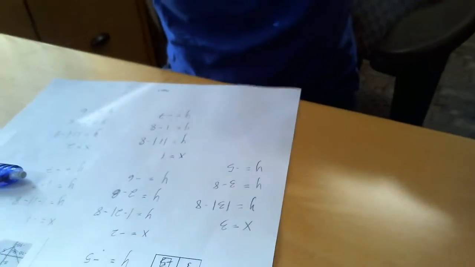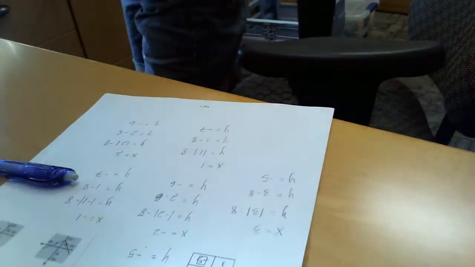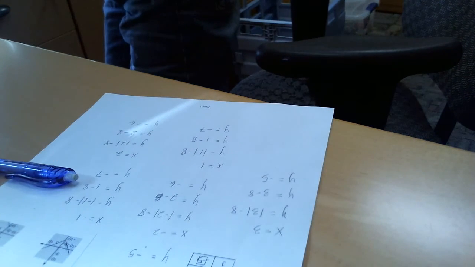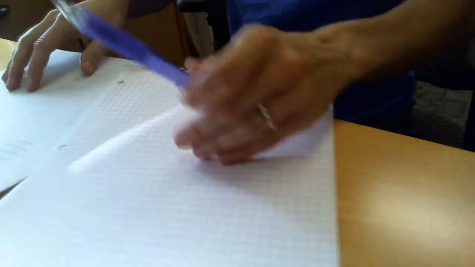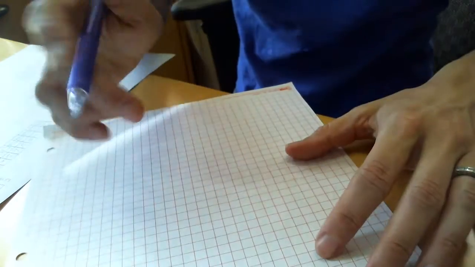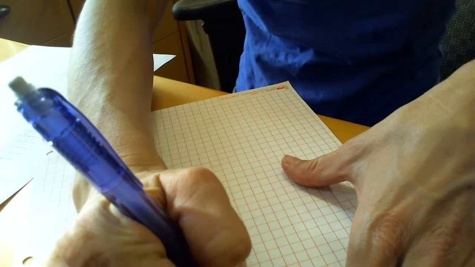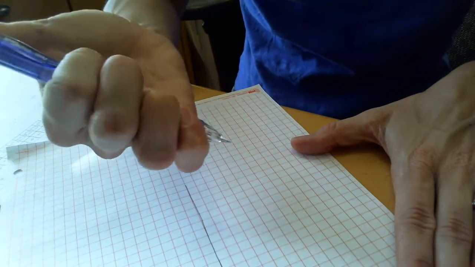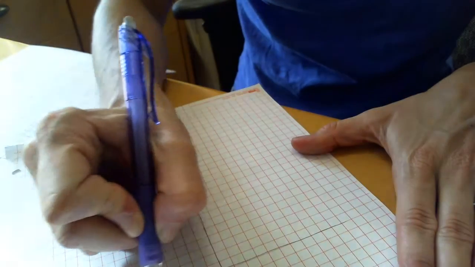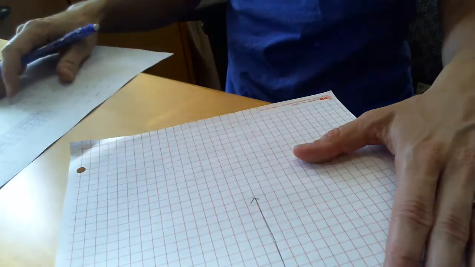If I grab an actual piece of graph paper, or just any piece of paper would do as well, what I can do now is I can create an axis, coordinate system, with an x and a y axis, and I can graph these points. A ruler would have been a lot better, but at least I have the graph paper.